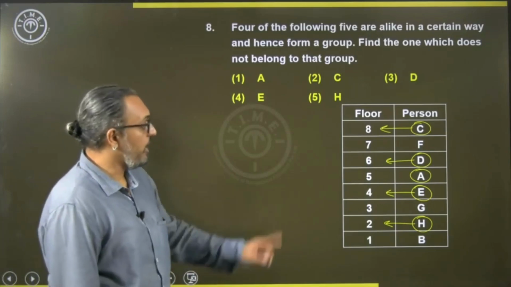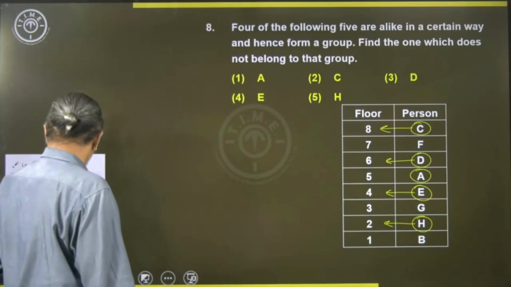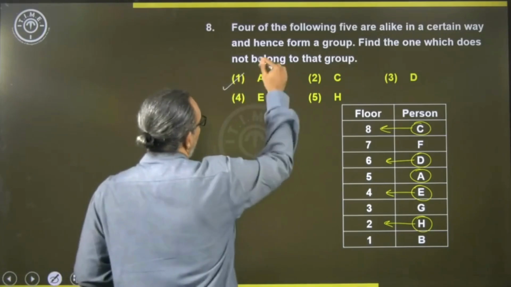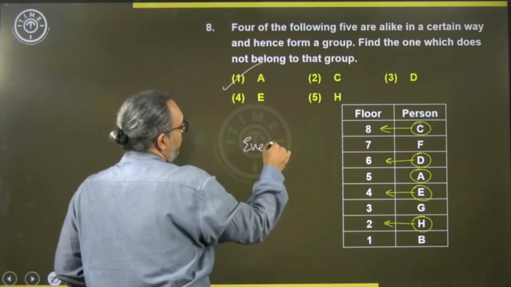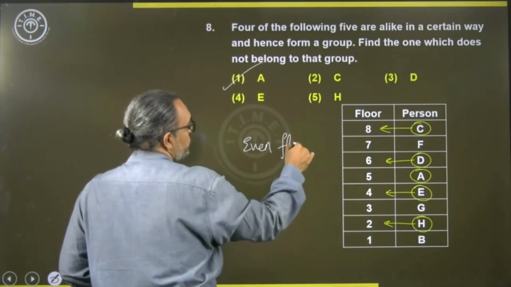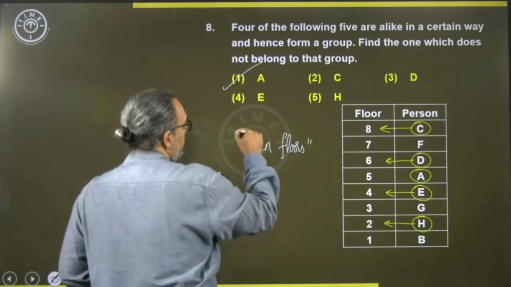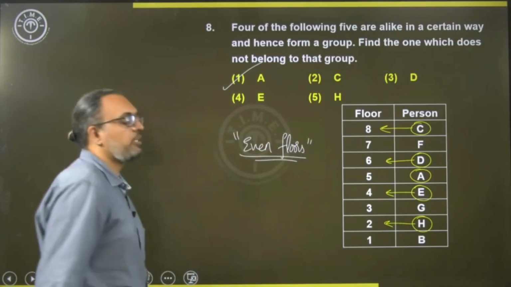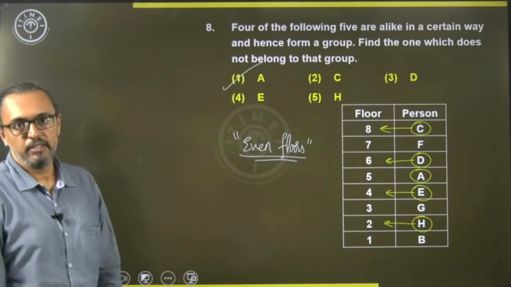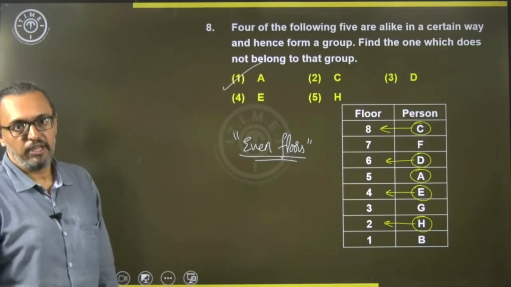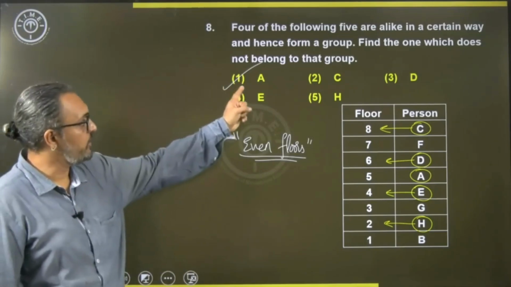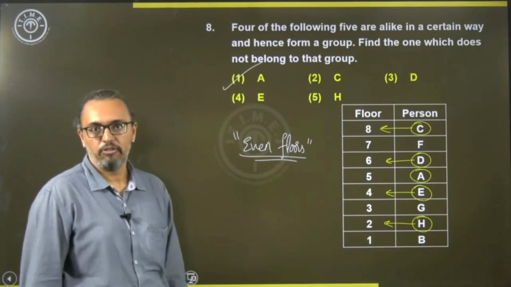Correct? So my answer in this case is going to be A, because the common we have is even floors. 4 of the options are available on even number floors. That's the common logic we have. So the one that doesn't fit the logic is A. So A is going to be our odd one out.